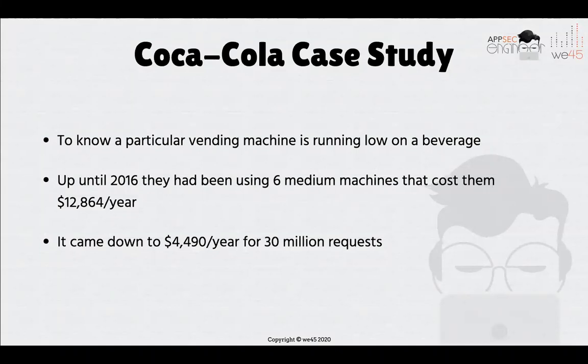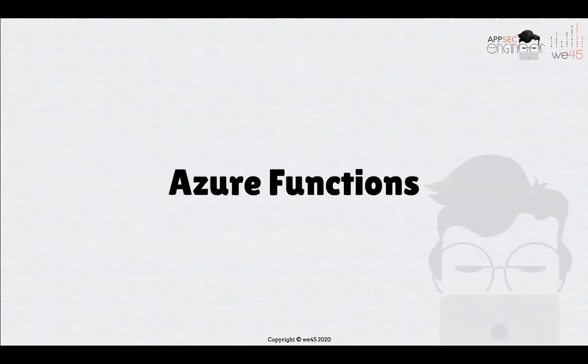Once they started using serverless, the cost came down to $4,490 per year, while taking 30 million requests. That's a huge request volume with a huge saving. That's where you have to consider serverless for your functionalities or workflows.